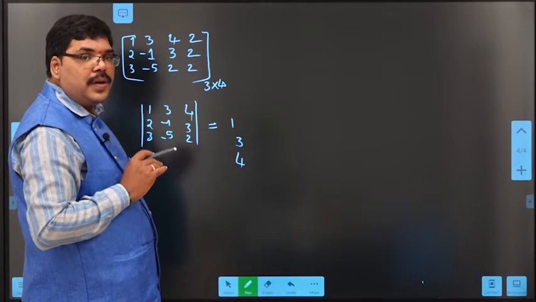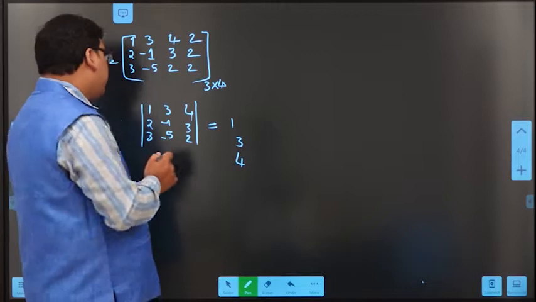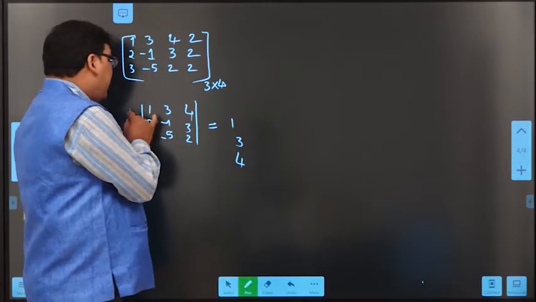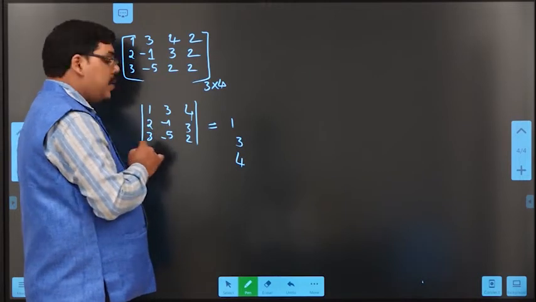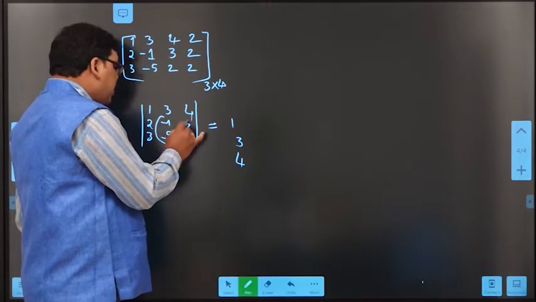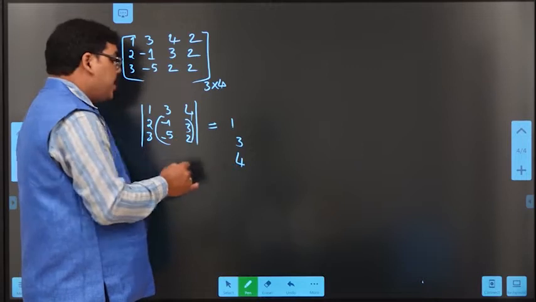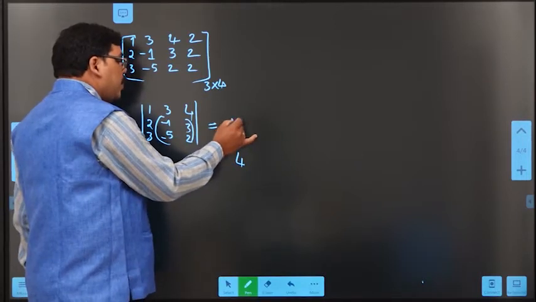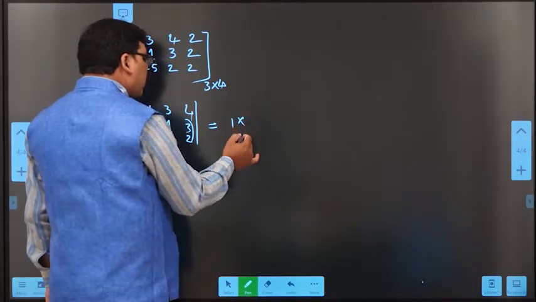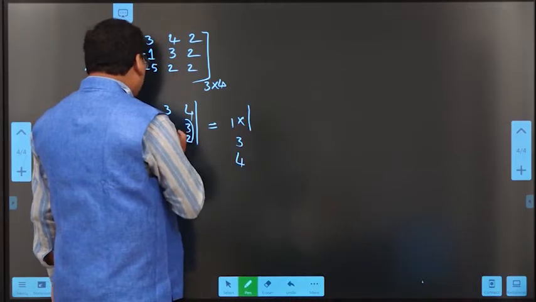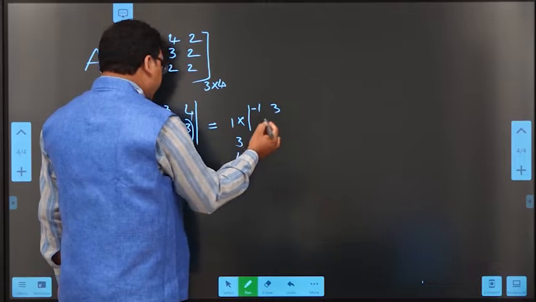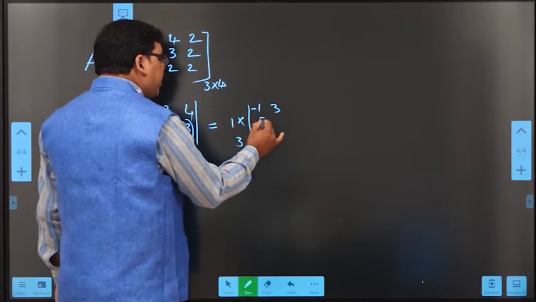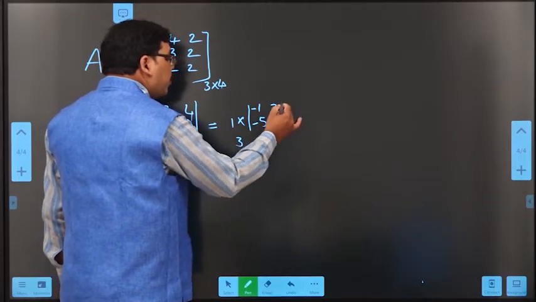Remove the row of 1 and the column of 1. So 1 is here. If I remove this row and this column, what remains is this part. So 1 into the determinant of minus 1, 3, minus 5, 2.